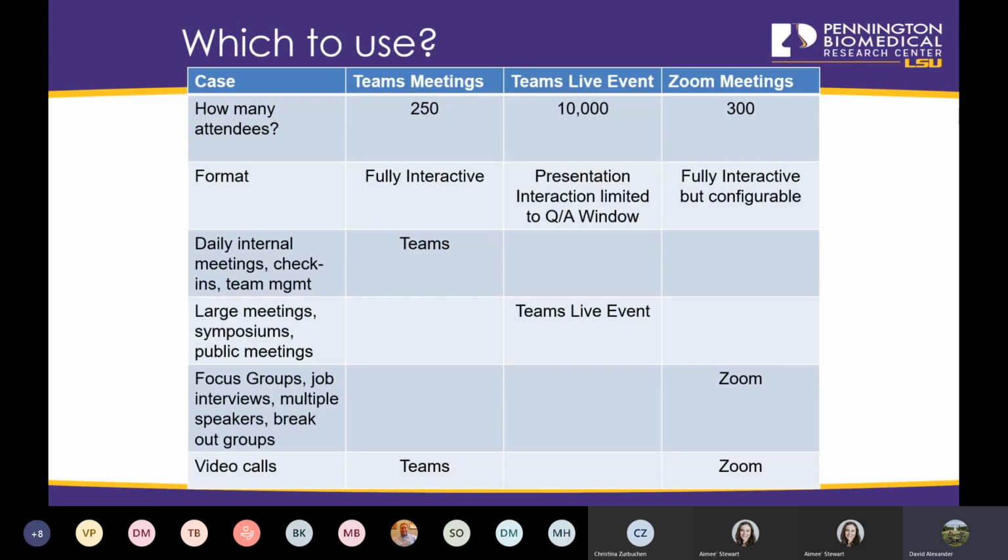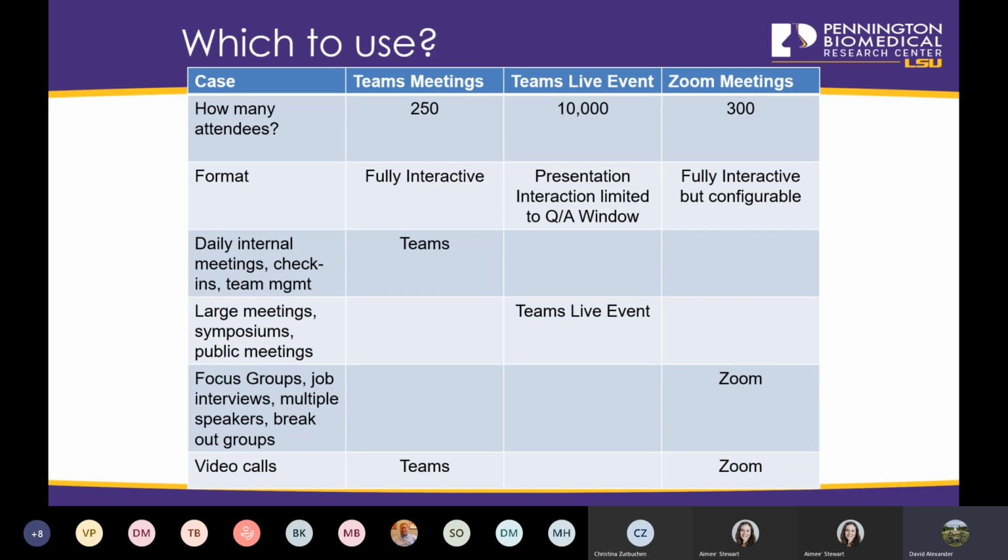So which products to use? Here at the Pennington Center, we have licensing for both Microsoft Teams and Zoom, and I imagine that you may have similar licensing at your institutions. The difference between those two Microsoft Teams types of events, either Teams meetings or Teams live events, really it's about the capacity of attendees.